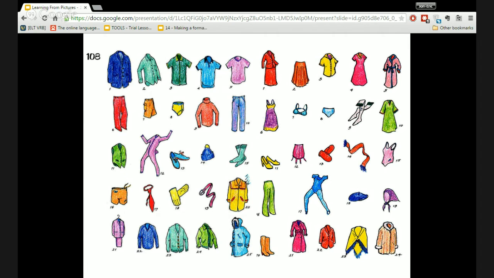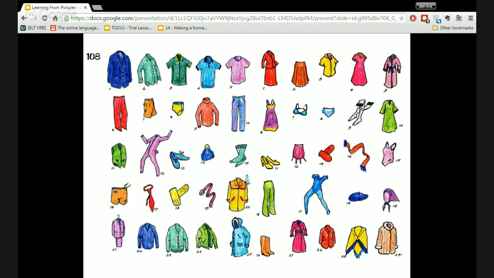So long sleeve. Exactly. So we can say it like this. A long-sleeved shirt. You need the D though, because sleeved is an adjective. A long-sleeved shirt. I see. Okay, very good.